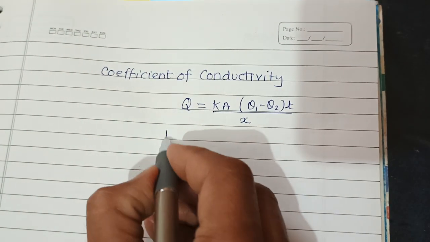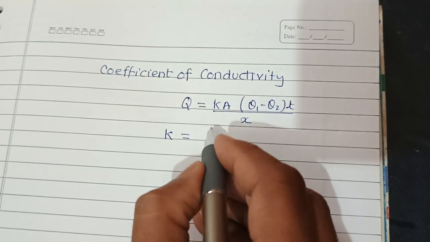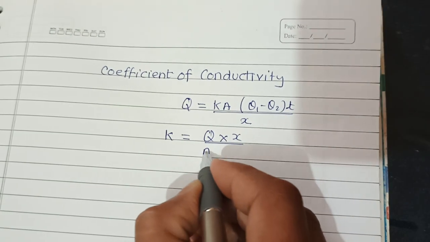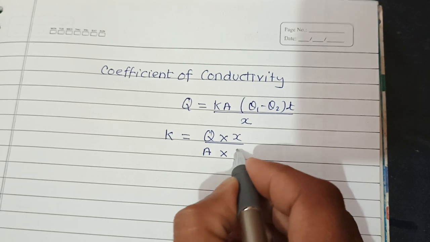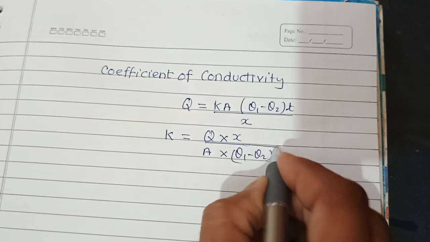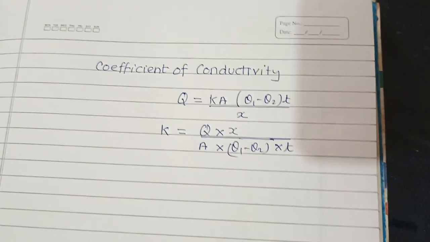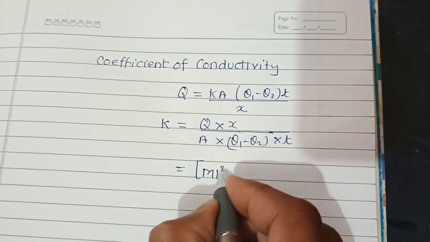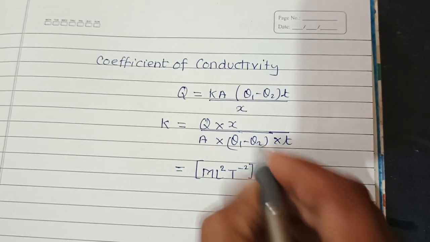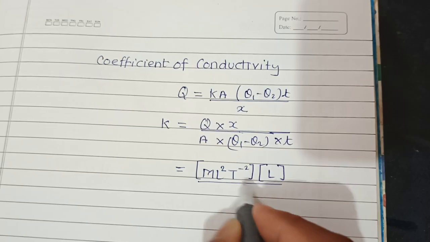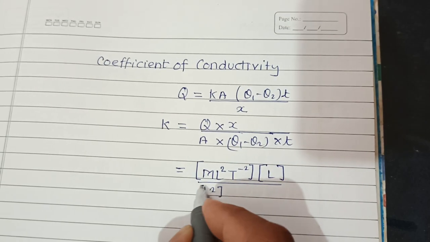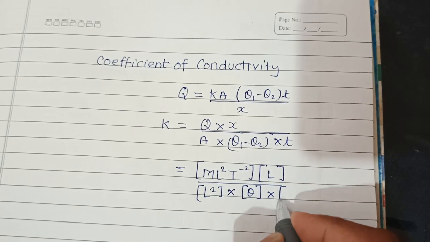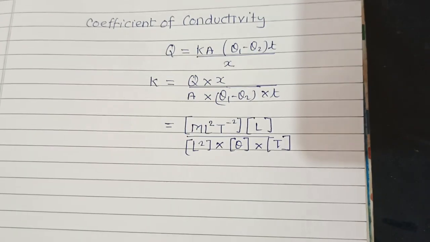So here K is Q into X upon A into (theta 1 minus theta 2) into T. So K is, that is energy, so that is M L square T minus 2, that is distance L, that is area, so L square, that is temperature, so that is theta, and that is time, so that is T. Okay, so what we will get?